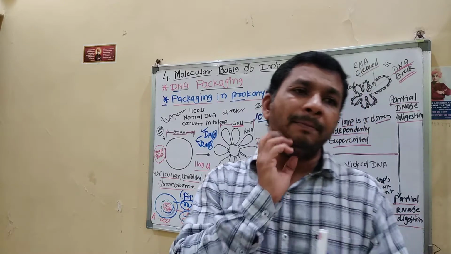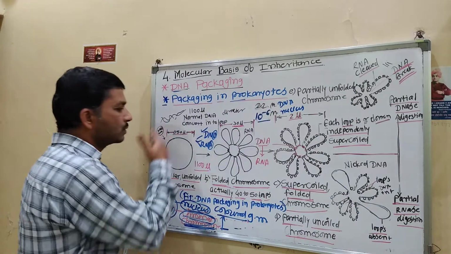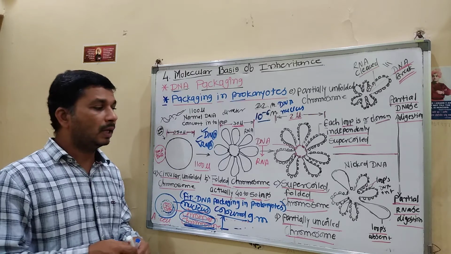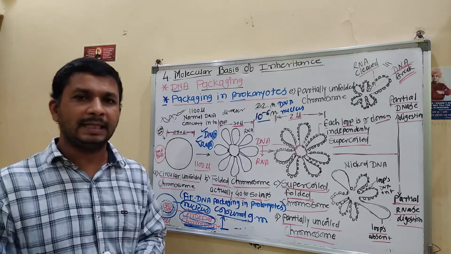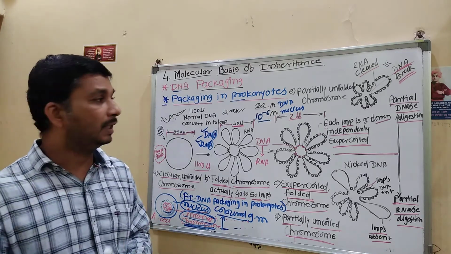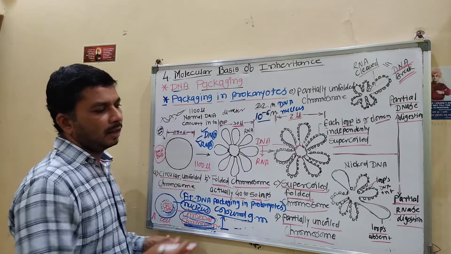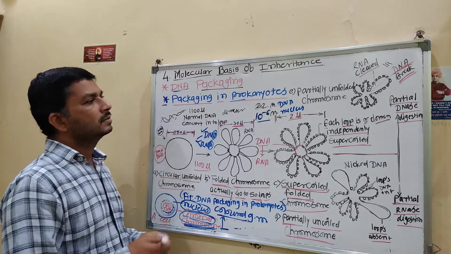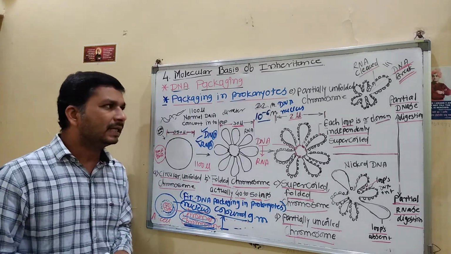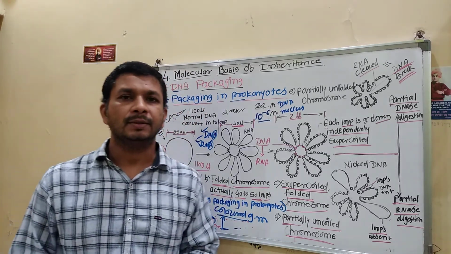These two maintain the supercoiling, and all these things are observed in E. coli bacteria, that is Escherichia coli. Inside that bacteria, all these activities are observed by the scientists, and this is all about the packaging in prokaryotic cells. Okay. Thank you.